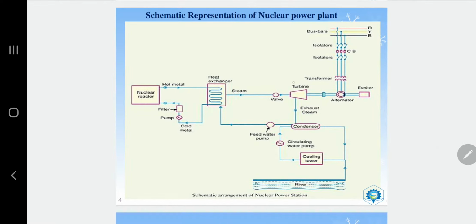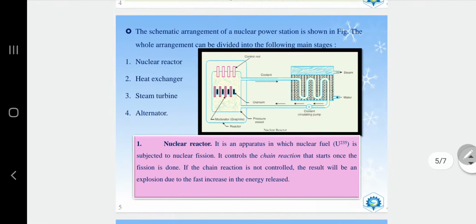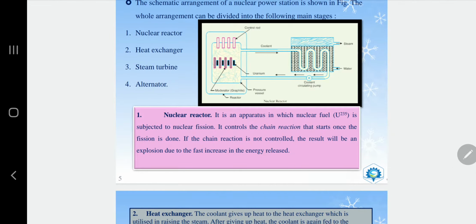Now let us study the working itself with the help of this diagram. Here you can see the elements, the block diagrams. First one is a nuclear reactor. It is an apparatus in which nuclear fission is done in a controlled manner. It uses nuclear fuel uranium 235, and it is a controlled chain reaction, resulting in a byproduct, that is heat.